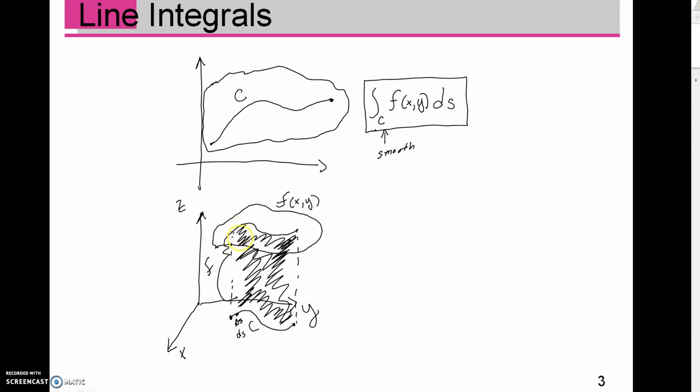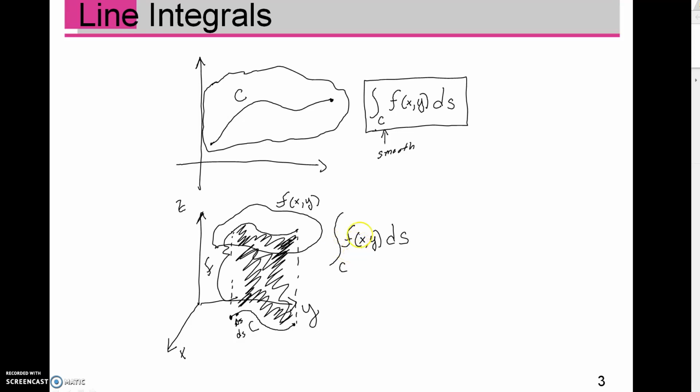If we multiply the value of f at some point above C by the change in C, it's similar to single variable calculus, and we integrate that, we sum up that multiplication throughout that curtain, we're able to get the area.